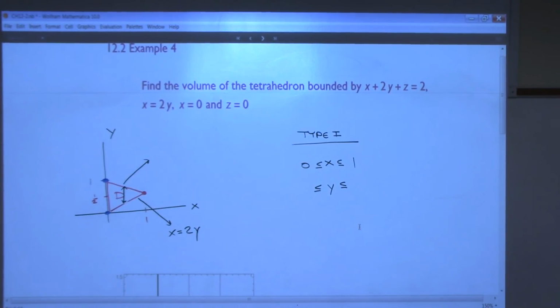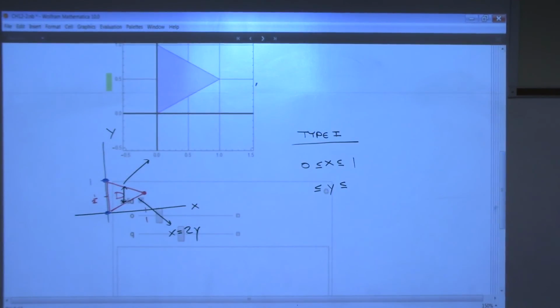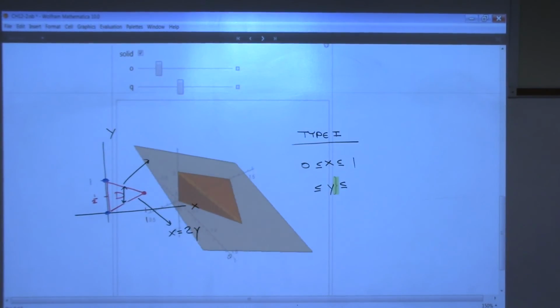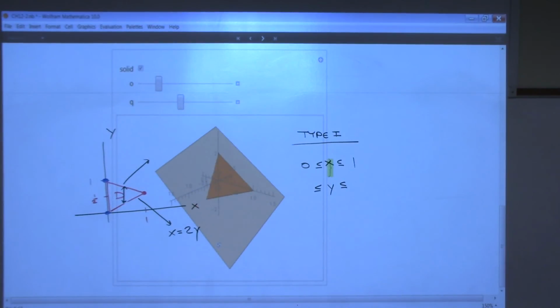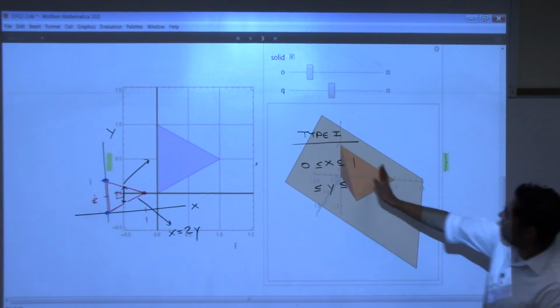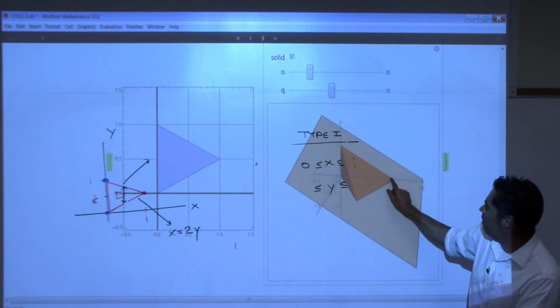Isn't that where that plane comes in and hits the ground? Let me see if I can rotate this around. Okay, there's that picture, right? Where that plane came in and hit the ground right here.